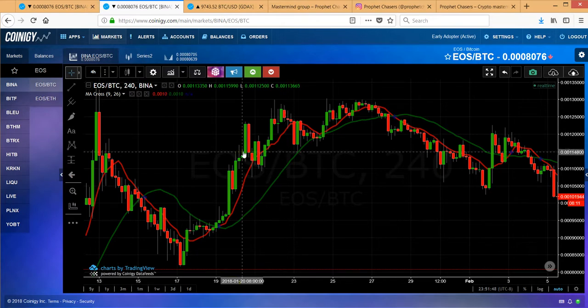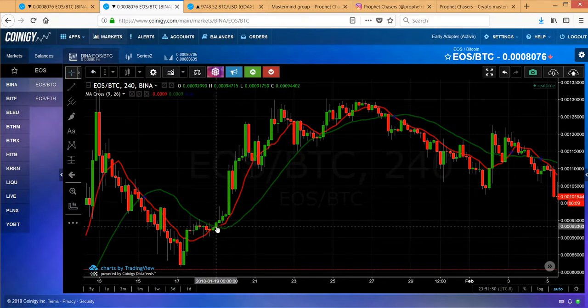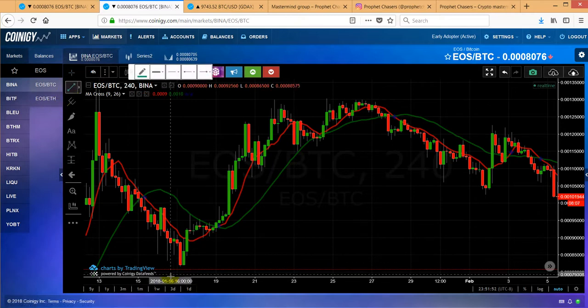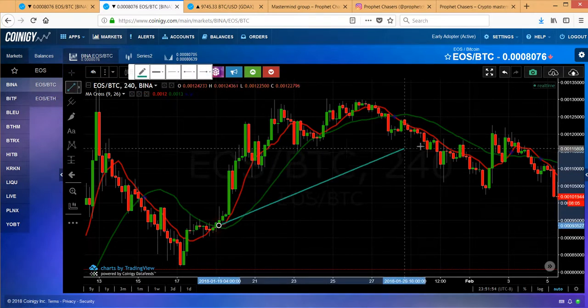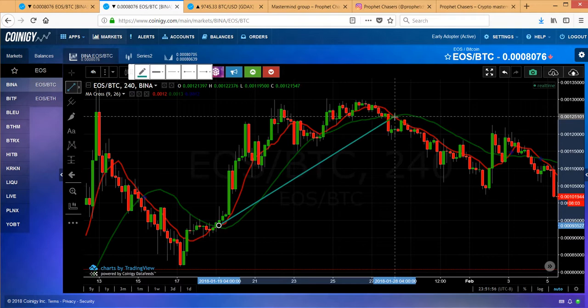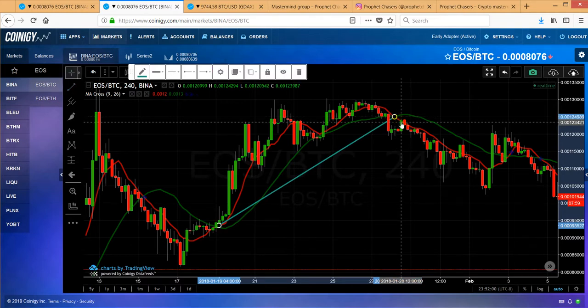So if you see here on the crossover, I would get in on this point, and then it runs to there. So that's a 9-day trade. But in that 9-day trade, you see from 93 to 124, a significant percentage-wise trade.